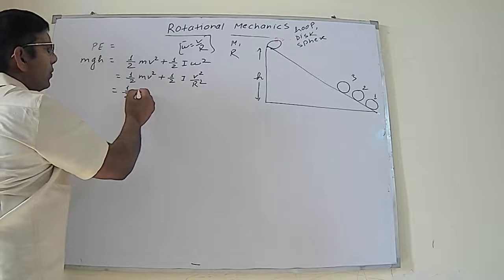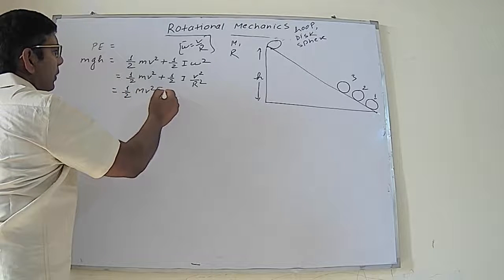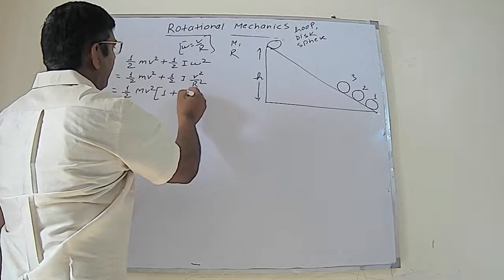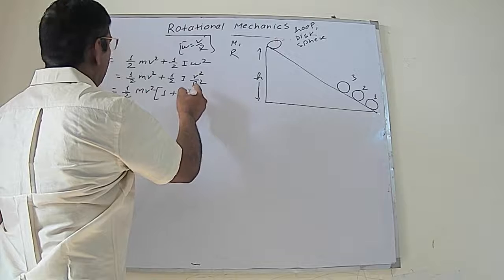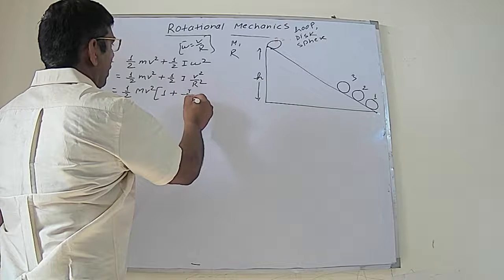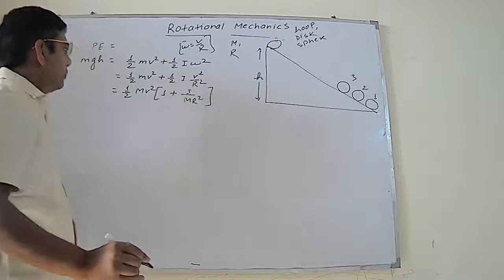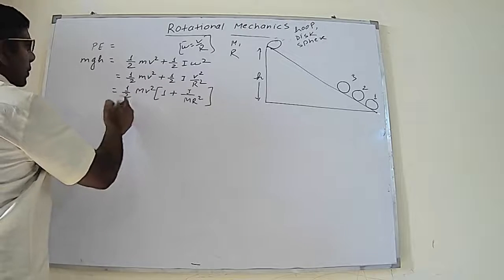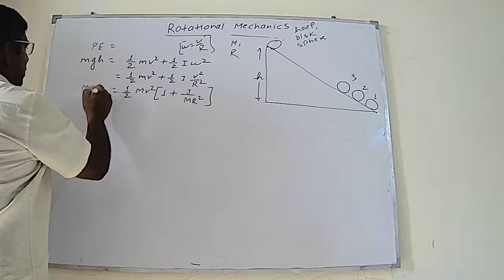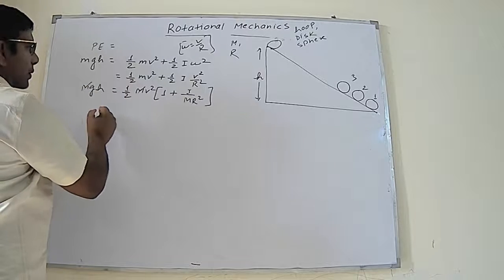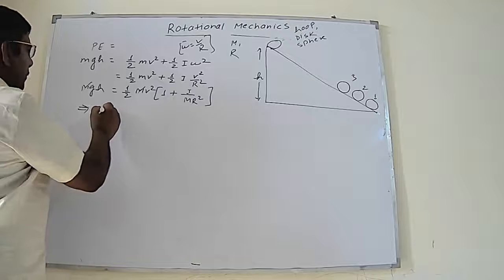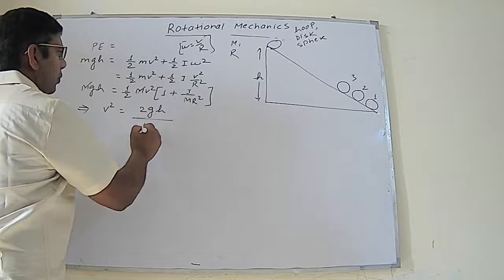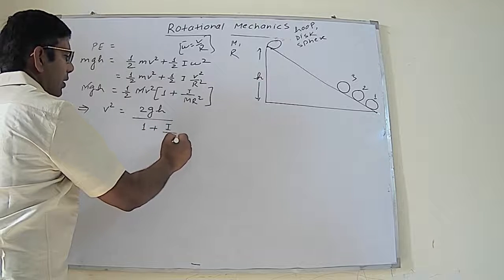Further we can simplify. Taking half of mv square common, we get 1 plus I by m r square. So from mgh, m will go, and v square will be 2gh upon 1 plus I by m r square.